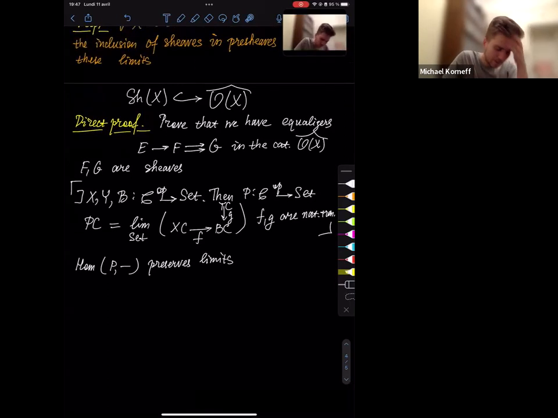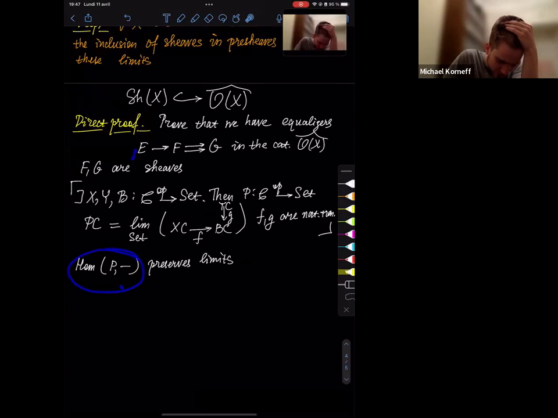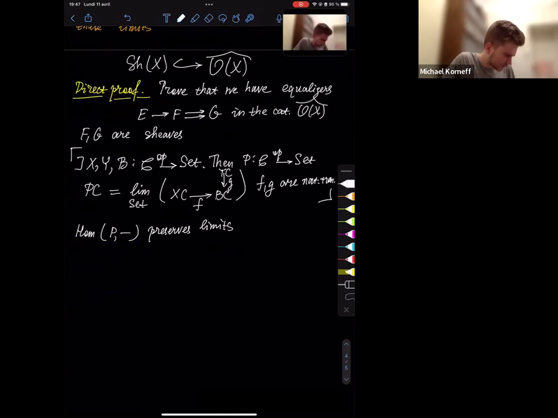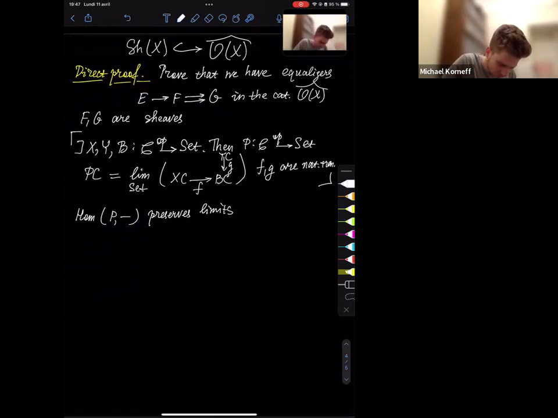We consider this equalizer and take the hom functor, and then we obtain the following.